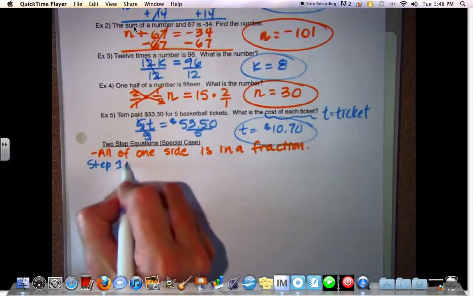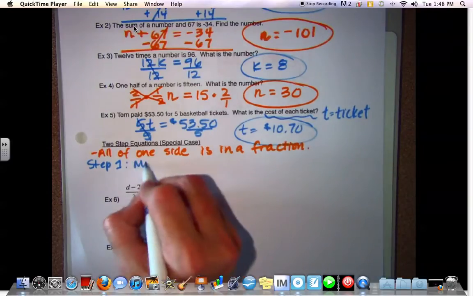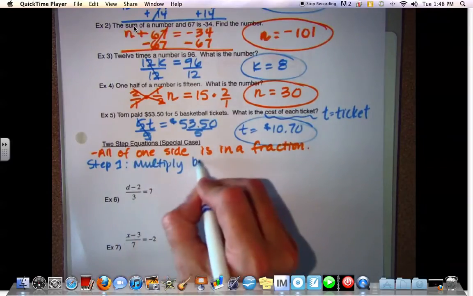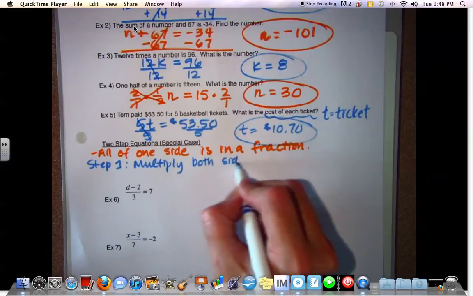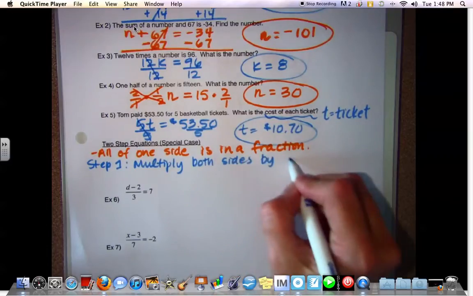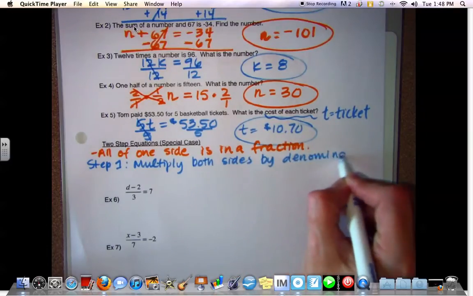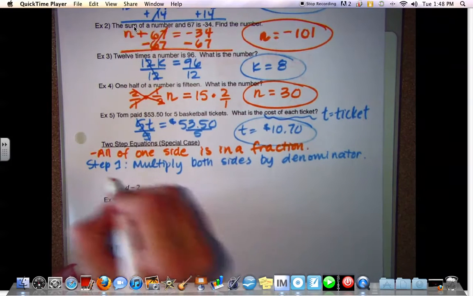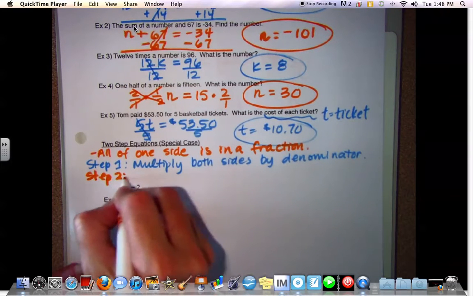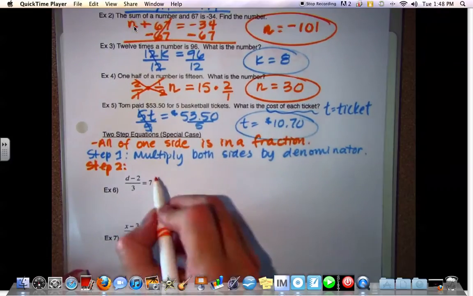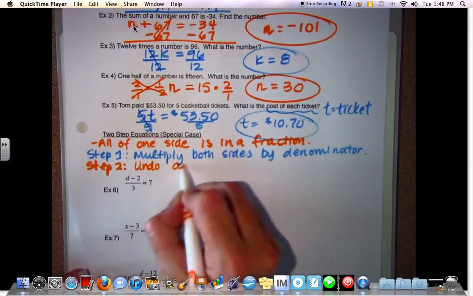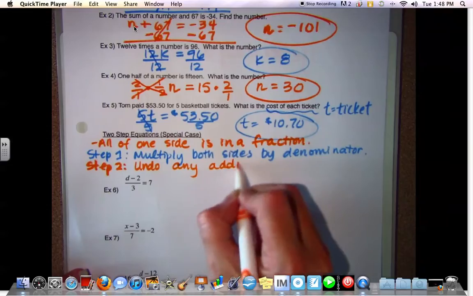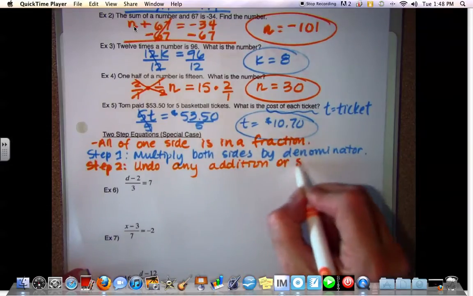Step 1, multiply both sides by the denominator. Step 2, we're going to undo any addition or subtraction.